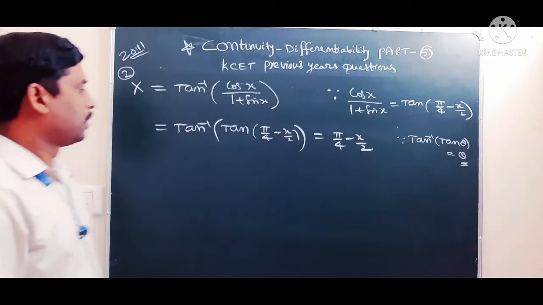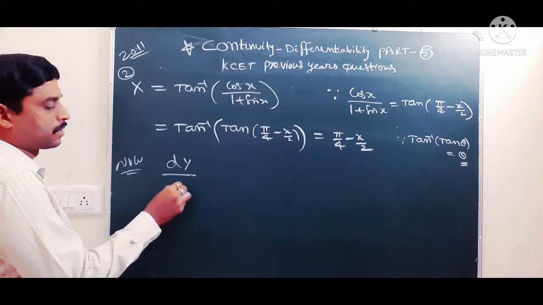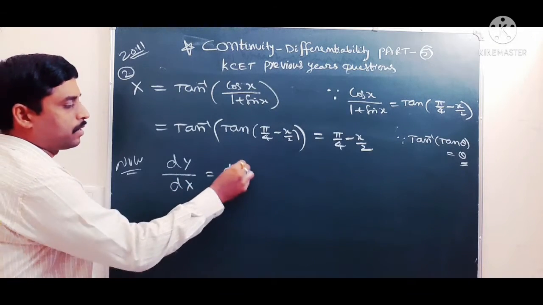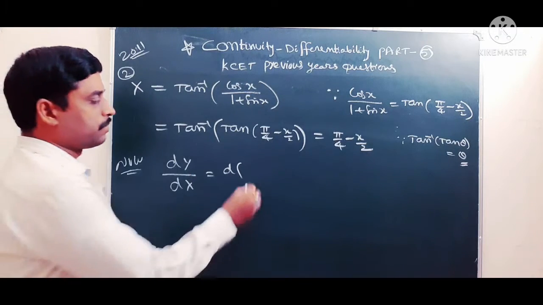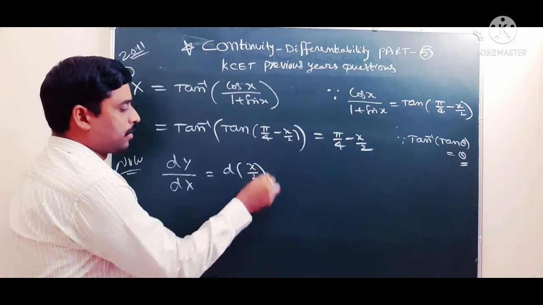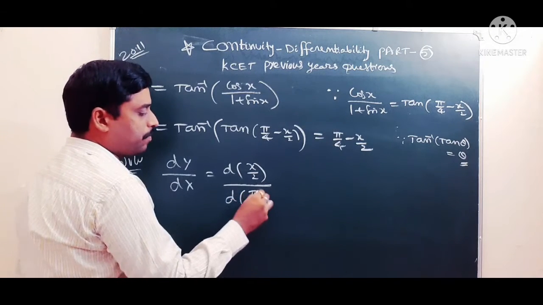Okay. Now our target is dy by dx. The derivative of y value, we got it, x by 2, divided by the derivative of x value, pi by 4 minus x by 2.